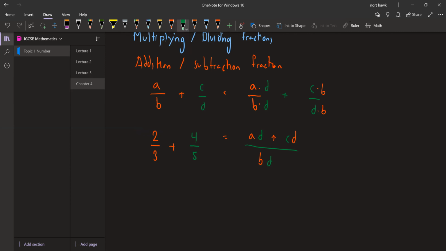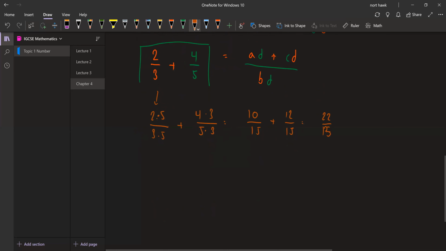Then this will become 2 multiplied by 5 over 3 multiplied by 5, plus 4 multiplied by 3 over 5 multiplied by 3, which becomes 10 over 15 plus 12 over 15, and that becomes 22 over 15.